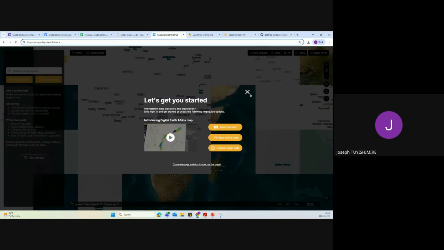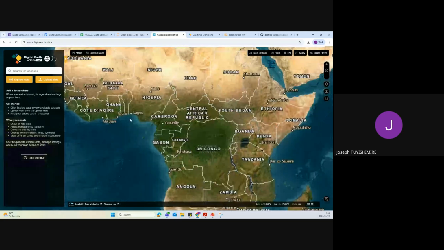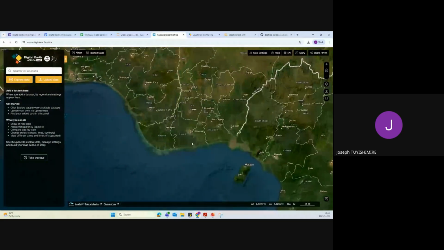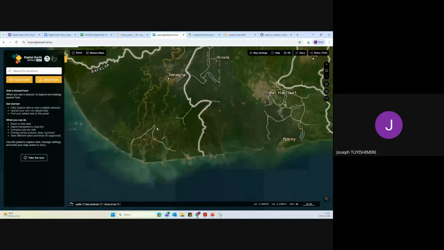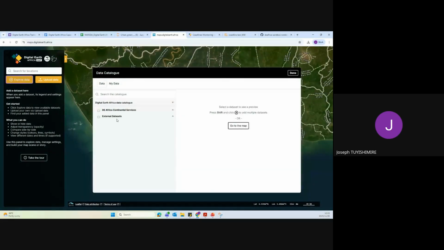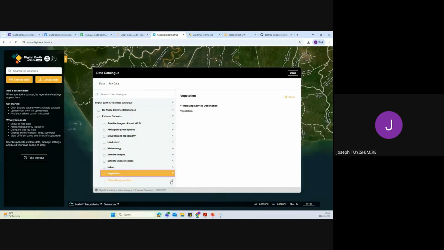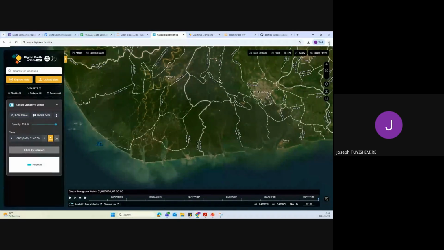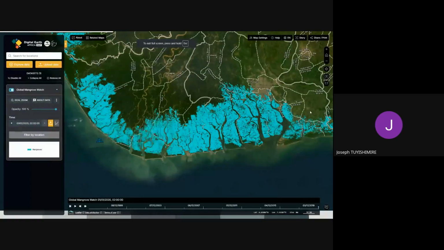I was saying that you can go back to Nigeria around here by yourself, and you can load the data on vegetation, Global Mangrove Watch. This is a global database on mangrove vegetation.